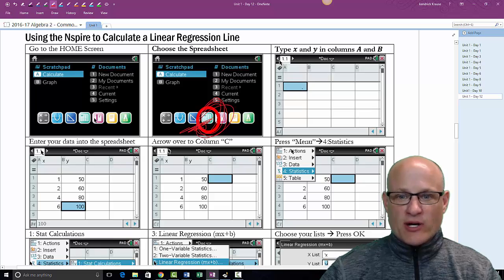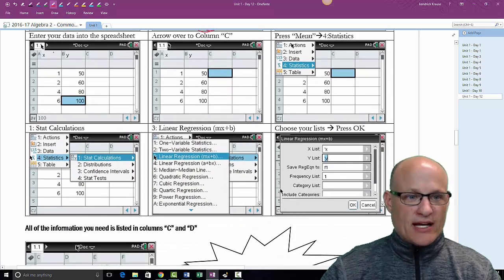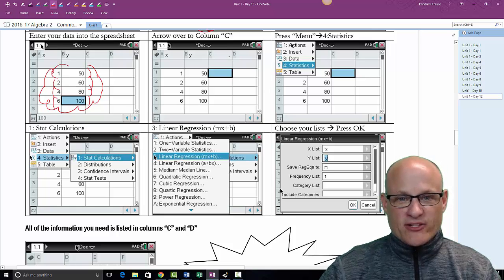When you get into that spreadsheet, you're going to type the list in, but you have to call one of the lists X and one of the lists Y. So you actually have to go up there and do that. You'll notice on this one, we called one list X and one list Y. Here are the listed data points: 150, 260, 480, and 600. You want to get your box up to the top right here, because it signifies where it's going to put your equation.